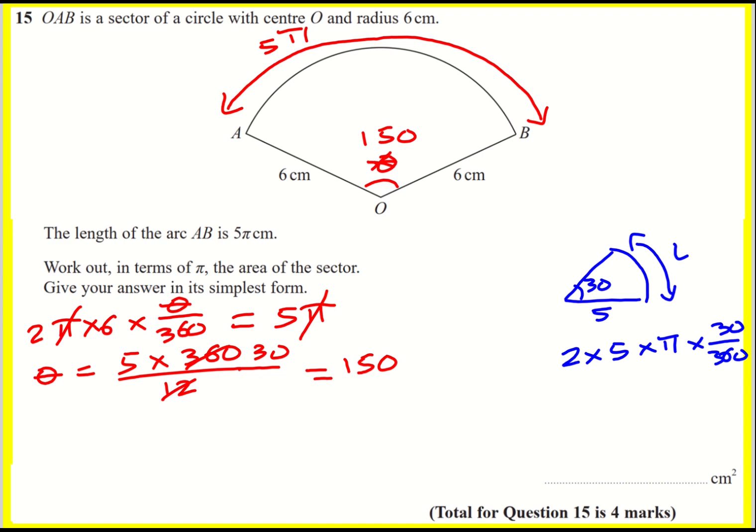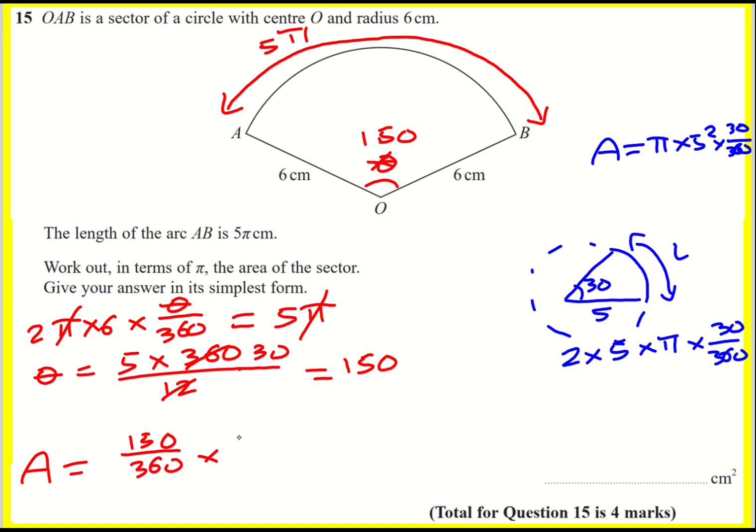We're then asked to work out the area. Right, well, back to my little one over here. The area would be, okay, pi r squared, or pi times 5 squared for the whole circle. And then again, I would times by the fraction that I have. And that's what I do now for my actual sector. The area is going to be 150 over 360 for the fraction.